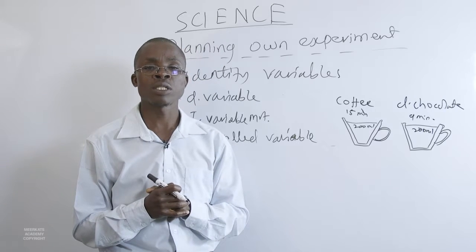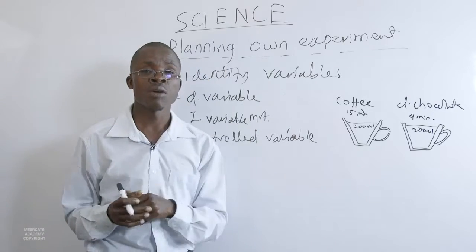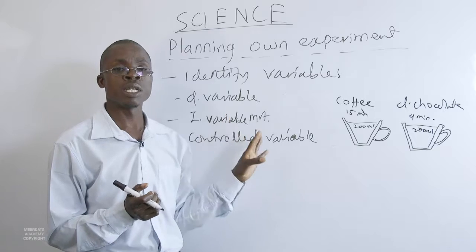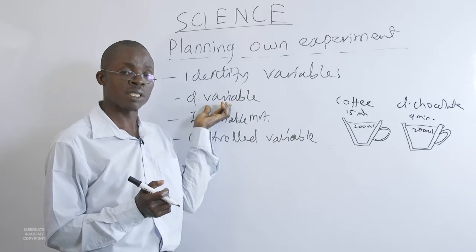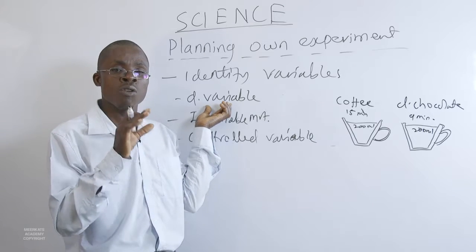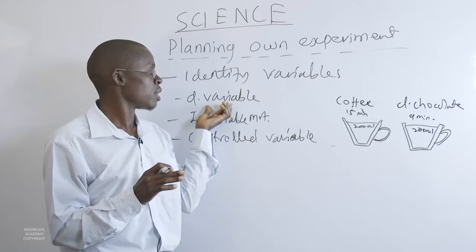That is what one is supposed to do whenever you are planning for your own experiment. Check on these three aspects. Check which type of variables are present in that experiment, all of them, all the dependent variables that are present.